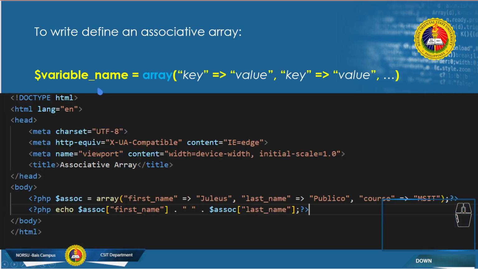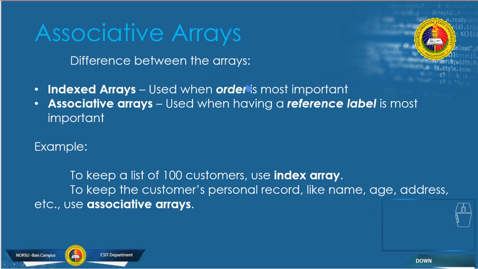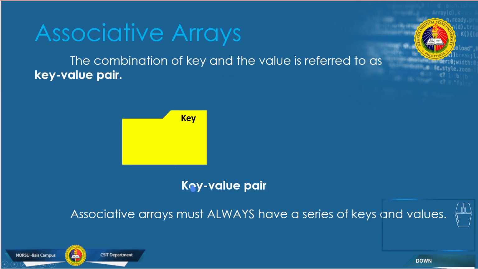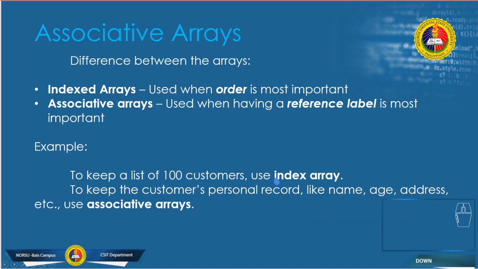Okay, so how do we define an associative array? So this is how we're going to write it. First is we will write the variable name, same thing, and then the word array for longer syntax, and then we have here a key and a value. So remember that in associative array, there should always be a key value pair. Always. Meaning, again, always have a series of keys and values.